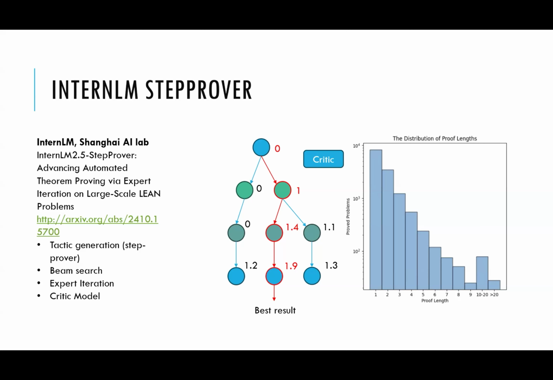We are expecting a normal distribution of proof length, which means it can prove problems of normal difficulty.